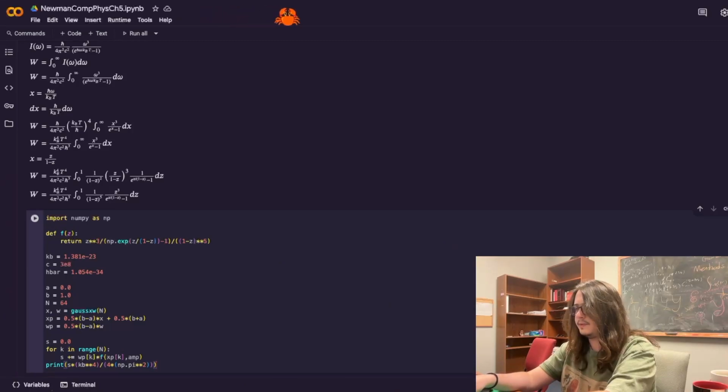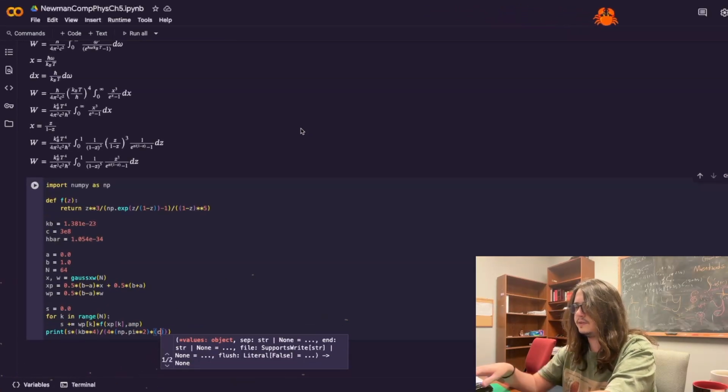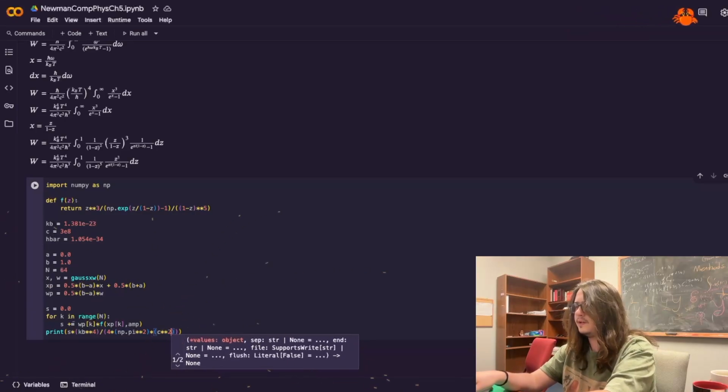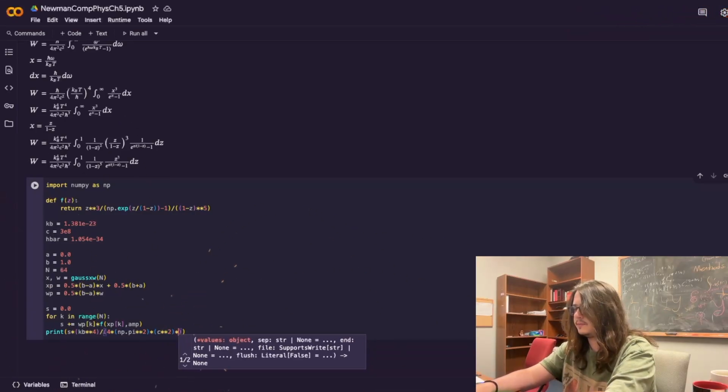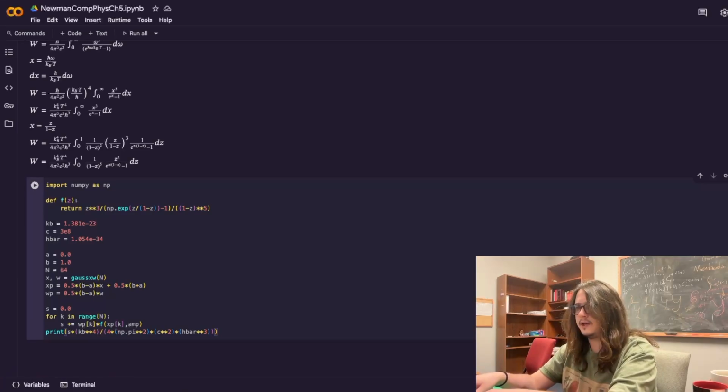I think I have too many parentheses now. No, I'm good. Times, what was it, c squared, and then times h bar to the 3rd. Yeah. Let's see what that prints out.